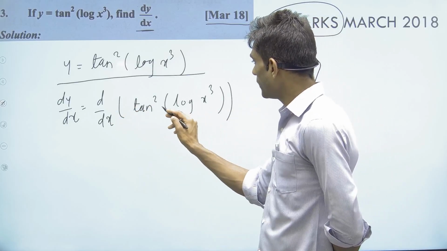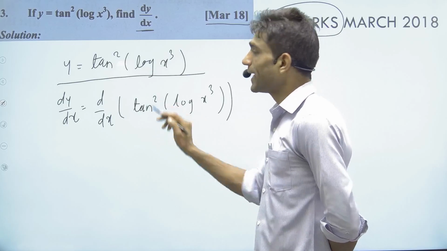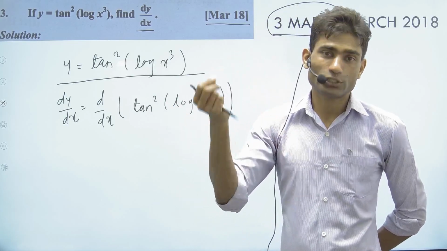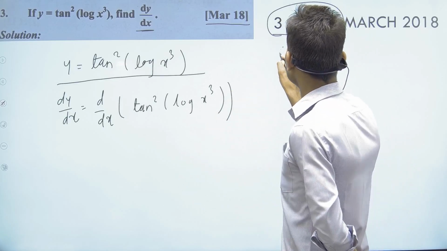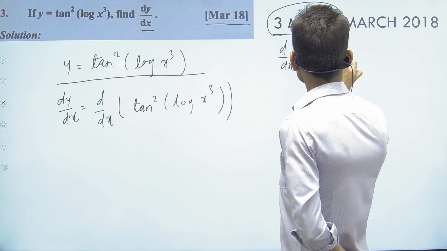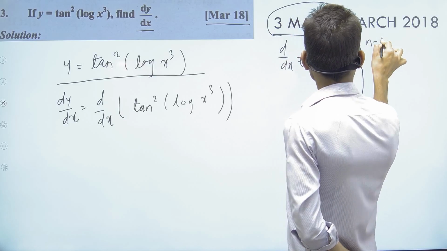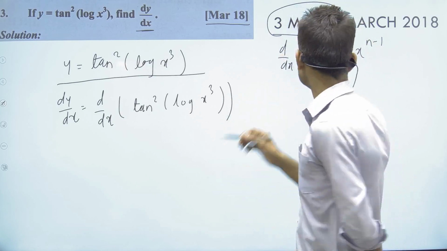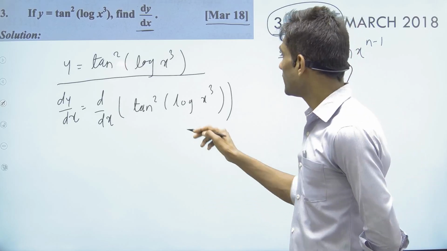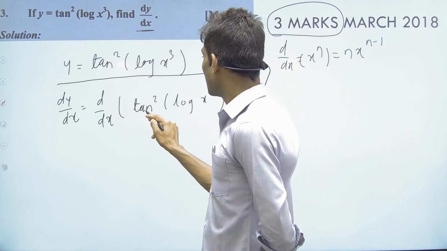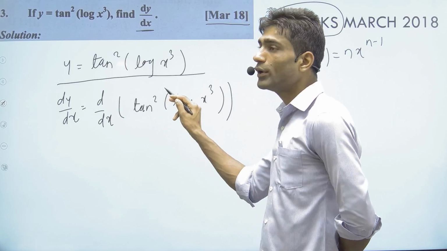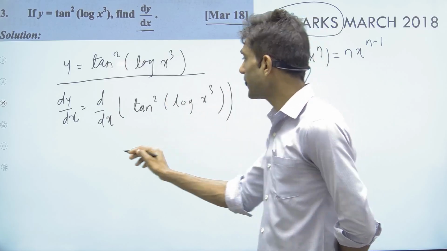Function under function: for tan square of x, apply d by dx of x to the power n, which gives n x to the power n minus 1. So tan square of x gives 2 tan to the power 2 minus 1 of log x cube.